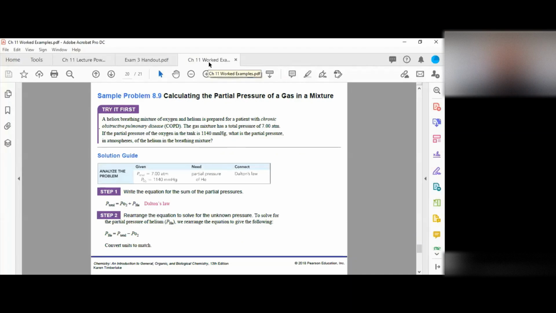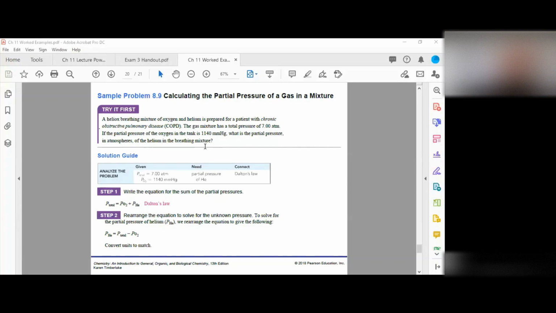So you see here, which is the worked example file, sample problem 8.9. The gas mixture has a total pressure of 7.00 atmosphere. If the partial pressure of the oxygen in the tank is 1140 millimeter mercury, what is the partial pressure in atmospheres of the helium in the breathing mixture?